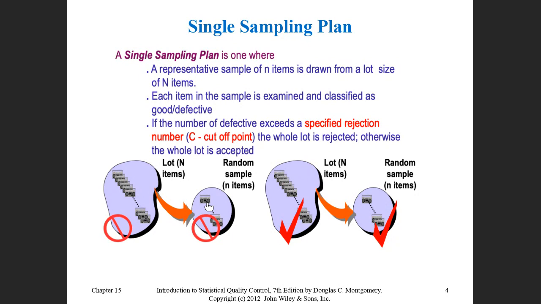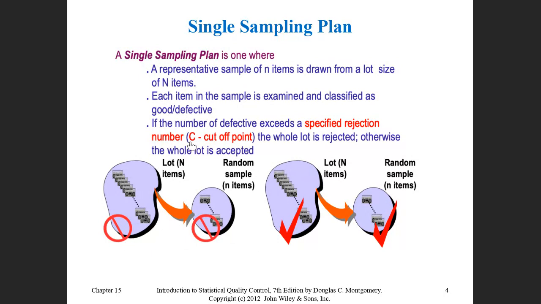The cutoff point, if I have 3 rejected items, that means I will reject this lot. I will reject the sample and I will reject the lot. That means if I have only 2 defective, I will accept the lot and the sample. If I have 3, that means I will reject the sample and I will reject the lot.